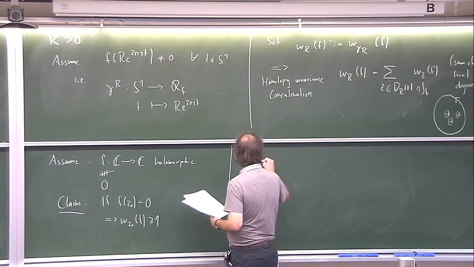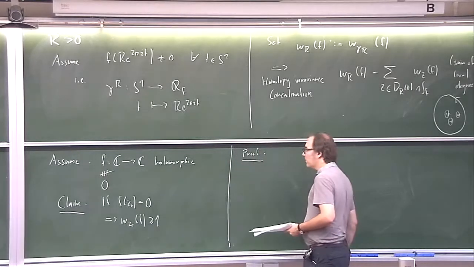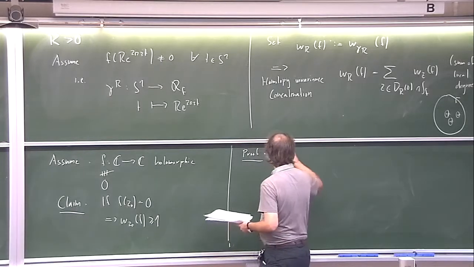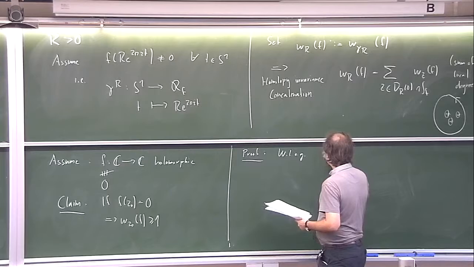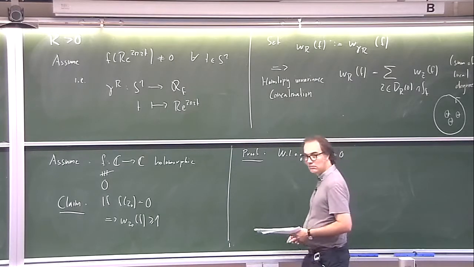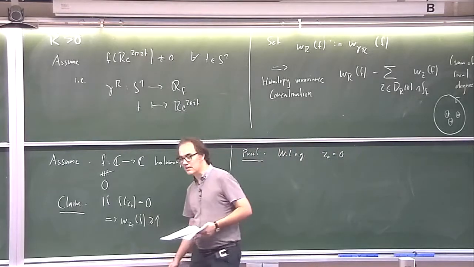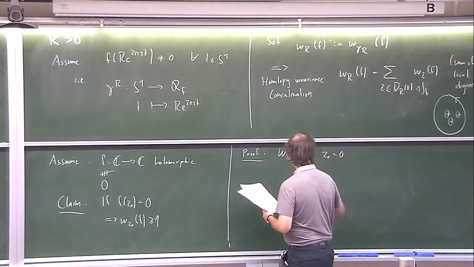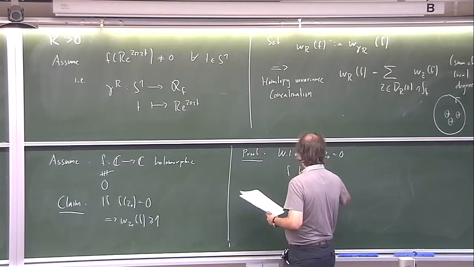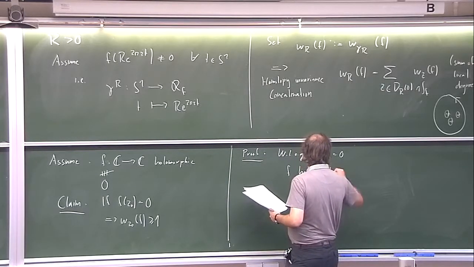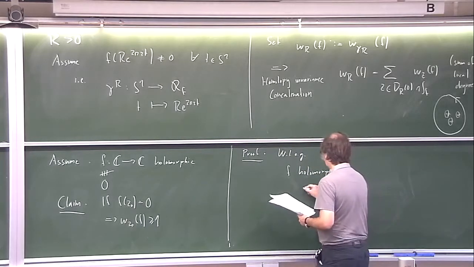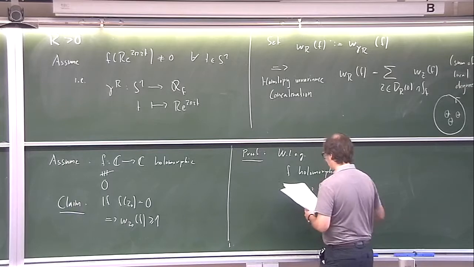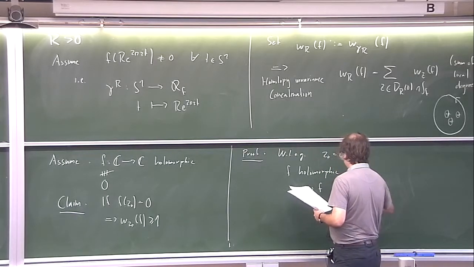Let's prove this claim. Without loss of generality, we can assume that z0 is 0. Everything is translation invariant. And f is holomorphic, so at least locally, f is given by its Taylor series.